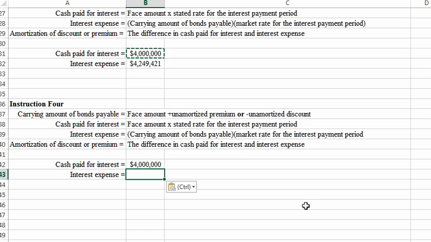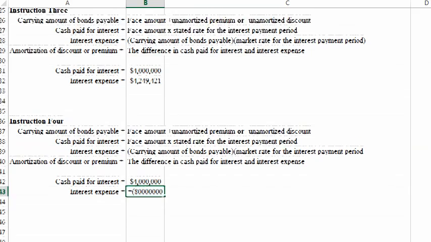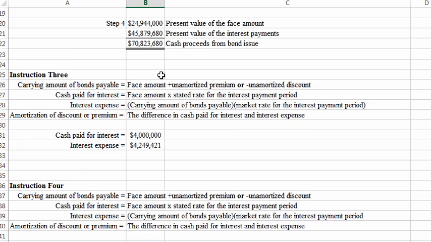All right, now your interest expense is going to be equal to the 80 million. You could do this a few ways. You could take the original carrying amount, the 70,823,680, and add back the 249,421 that we amortized.